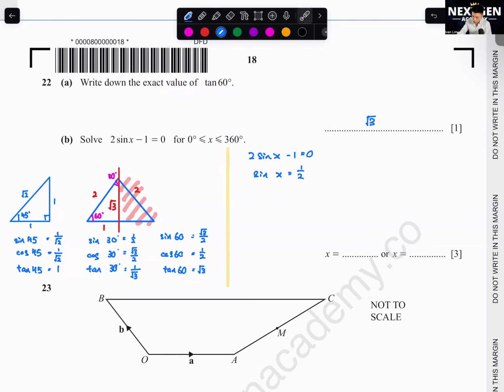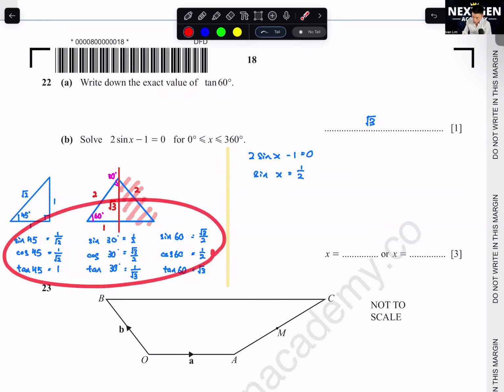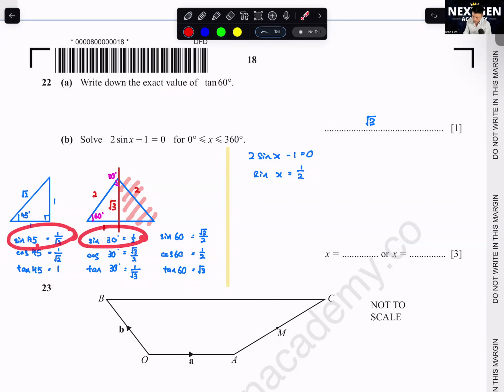You have to check from this list which sine value will give you the value of 1 over 2. So you check, you got sine 45, sine 30, and sine 60. Sine 30 is the one that will give you 1 over 2. So this is how you find the value.